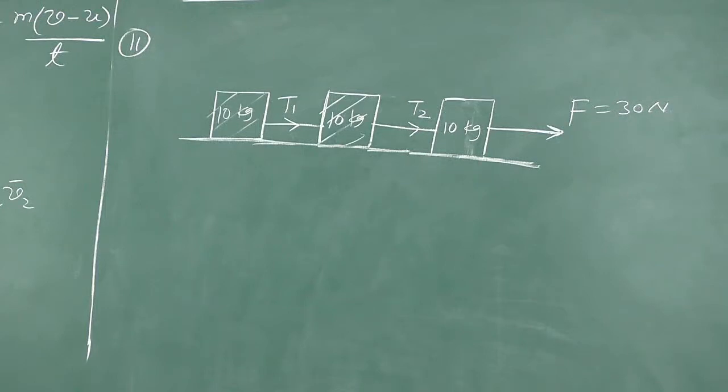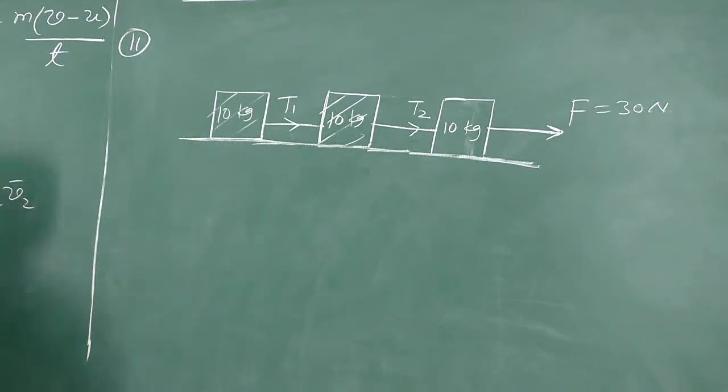We have to calculate T1, T2 and the acceleration of the system. When the 3 blocks are pulled by a force of 30 Newton, the 3 blocks move together with the same acceleration, and we have to find the acceleration of the system. So acceleration, T1 and T2 we have to calculate.